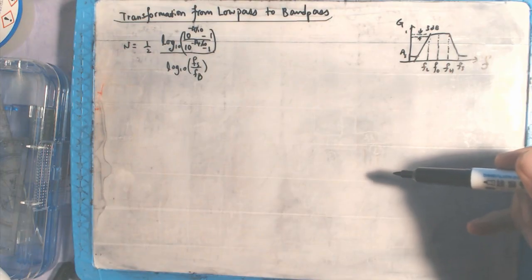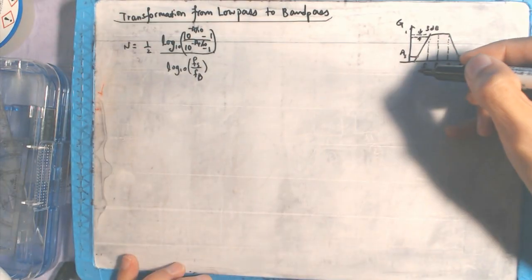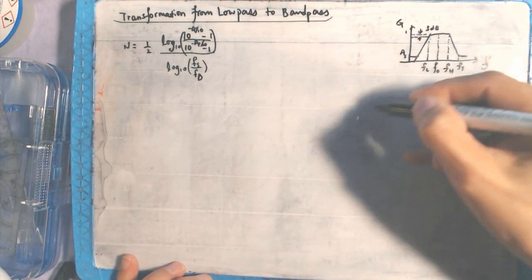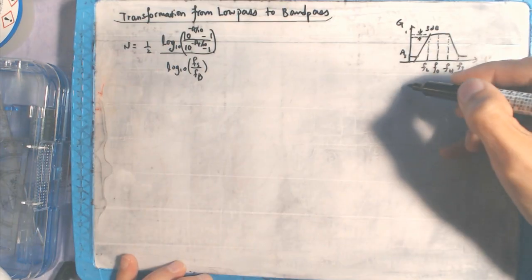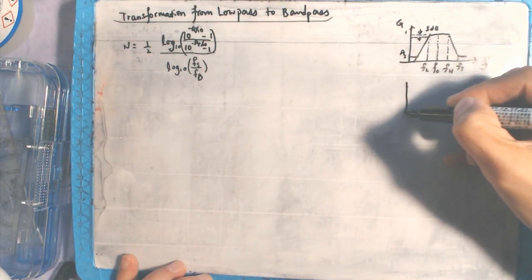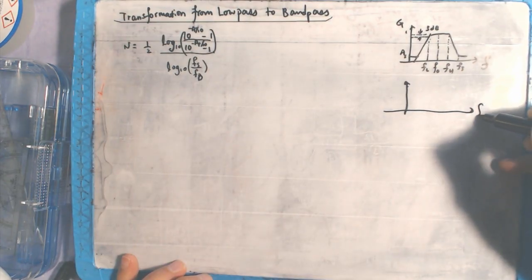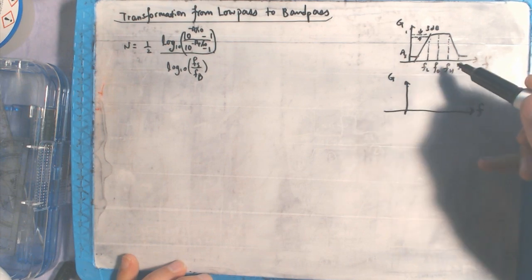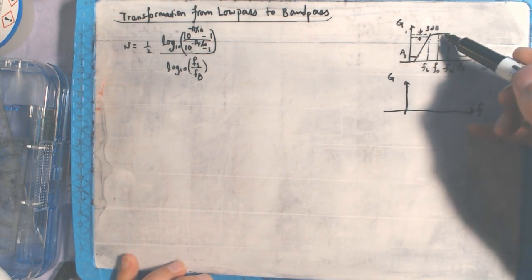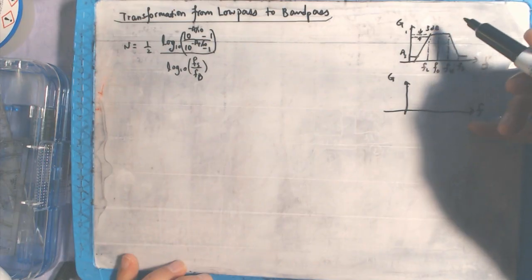So what you need is to transform this back to a low pass filter, and you just map it. So imagine you have a low pass filter, and this is the gain for the low pass filter, and you need to map this frequency, downscale this frequency until you end up with something like this.